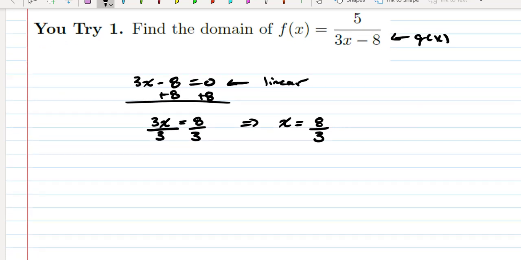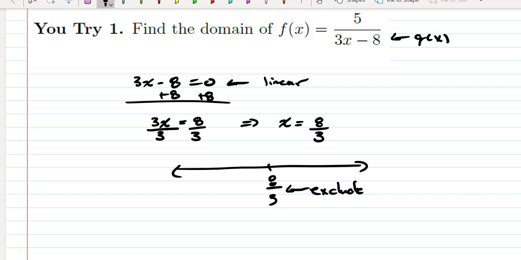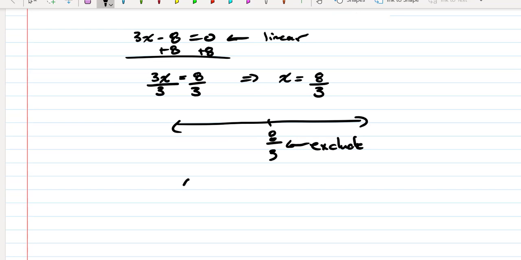So that's our one excluded value. So on our number line, we have the point 8/3, and we're going to exclude it. So we're going to go from negative infinity to 8/3, or from 8/3 to positive infinity. And that would be our solution to that problem.